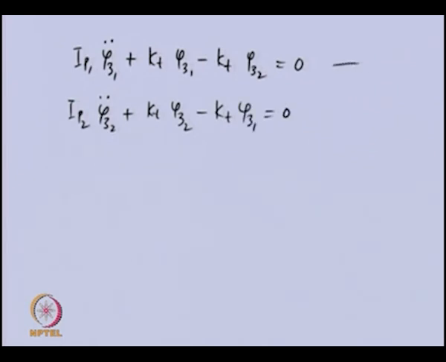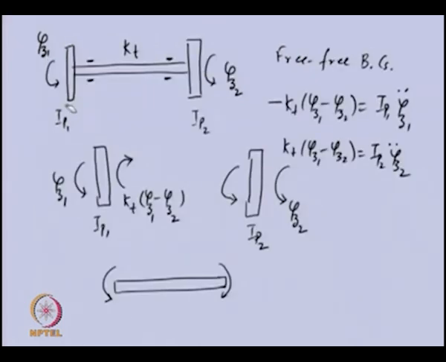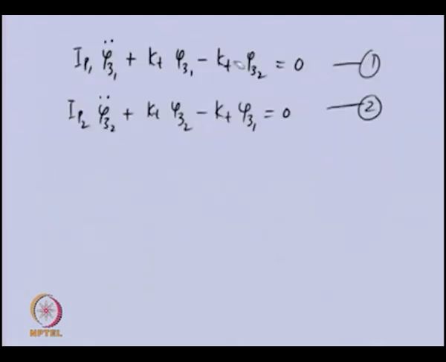So these are the two equations of motion of this particular system, in which we have two discs connected by a flexible shaft, and there is no support which is giving an external torque to the system. So these two equations we can now write in matrix form, which will be convenient to handle.